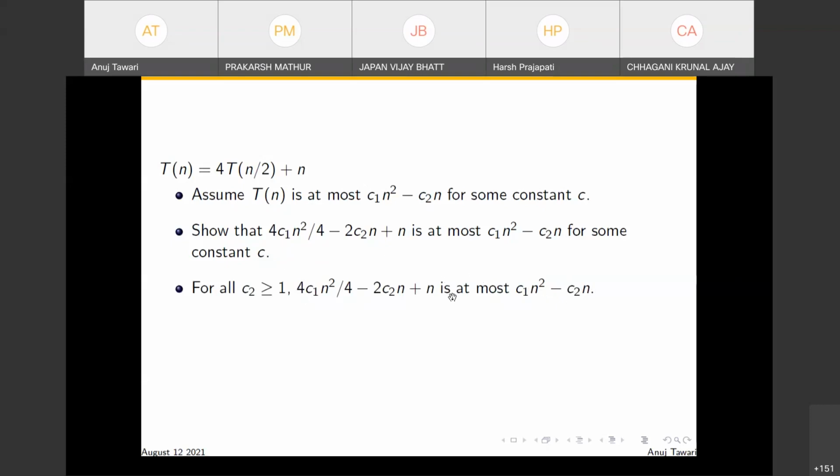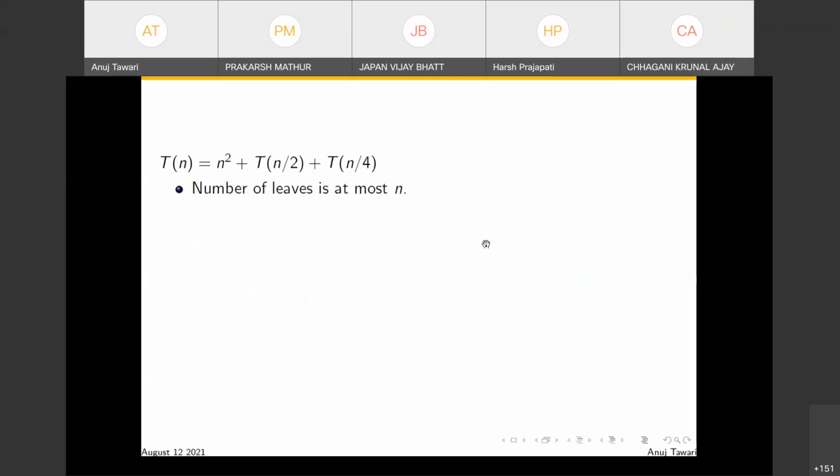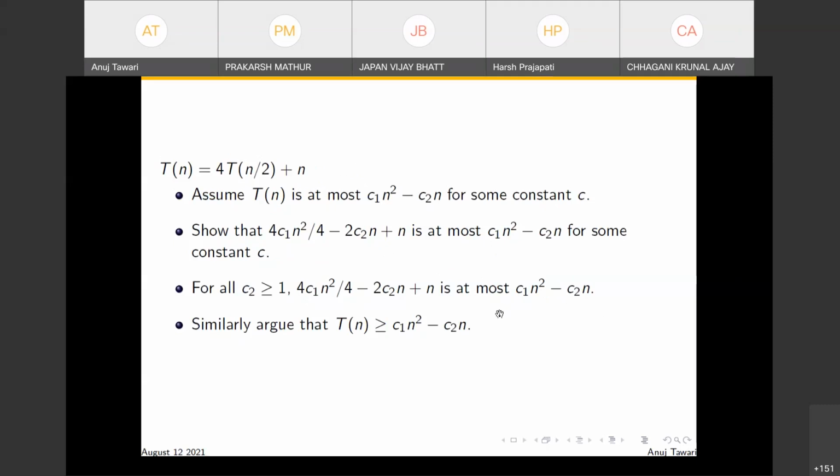So this is an example of the substitution method for solving recurrences. And similarly, you can argue that T(n) is at least c1 n square minus c2 n using this very recursion. That you can check for yourself.